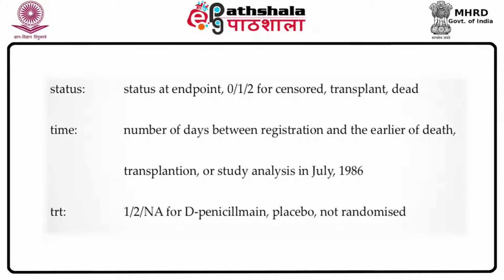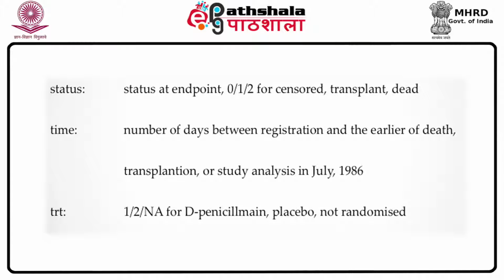In addition to these covariates, we have these outcomes. The first is the censoring variable, which has been defined as status. So status can take values 0, 1, and 2, corresponding to whether or not the subject was censored, had a transplant, or was dead. Time.